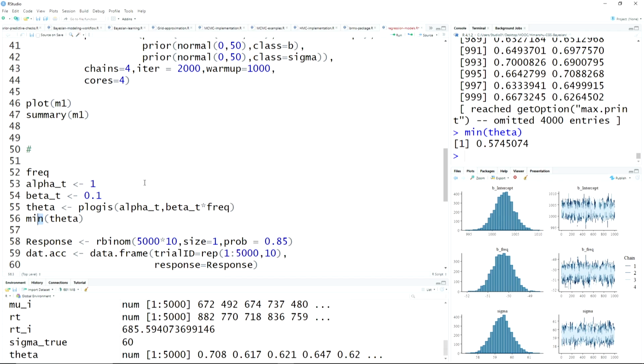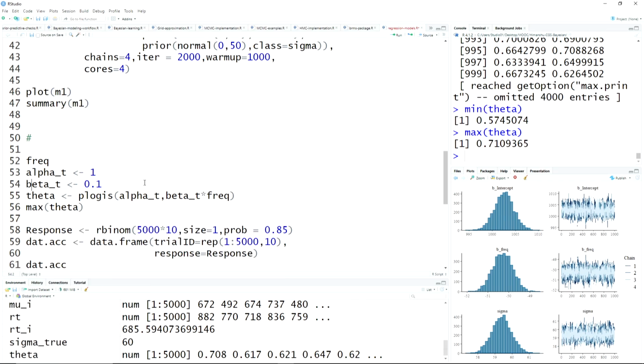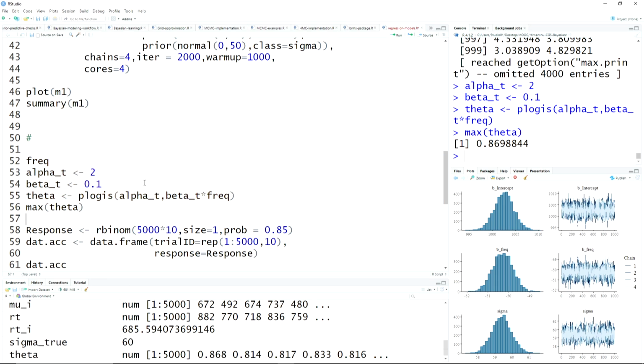Okay, so I can increase the intercept. This is better.